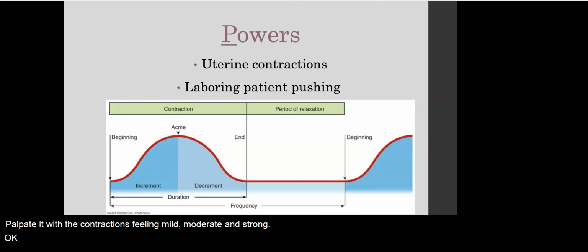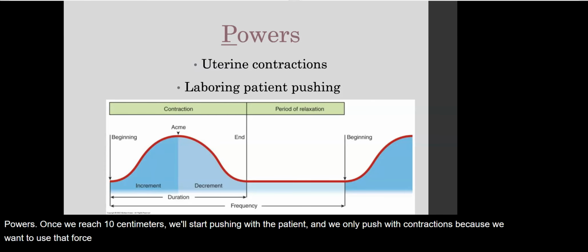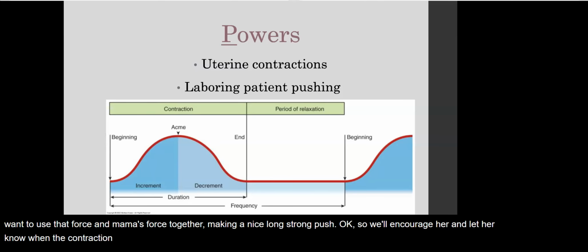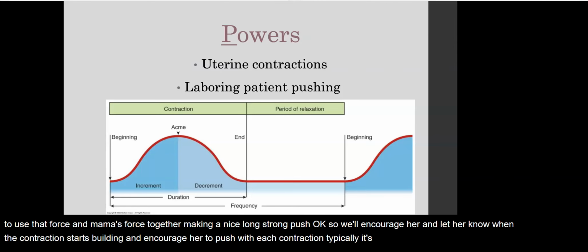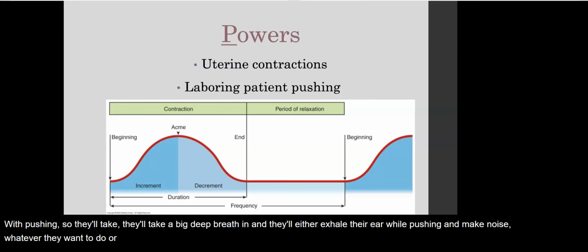Additionally, powers, once we reach 10 centimeters, we'll start pushing with the patient. And we only push with contractions because we want to use that force and mama's force together, making a nice, long, strong push. Okay. So we'll encourage her and let her know when the contraction starts building and encourage her to push with each contraction. Typically it's 3 times with pushing. So they'll take a big deep breath in and they'll either exhale their air while pushing and make noise, whatever they want to do, or they could hold their breath while pushing.